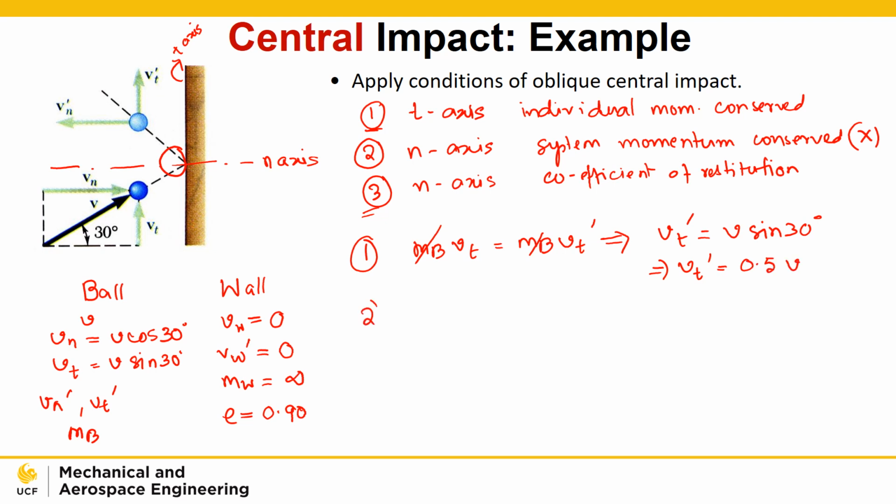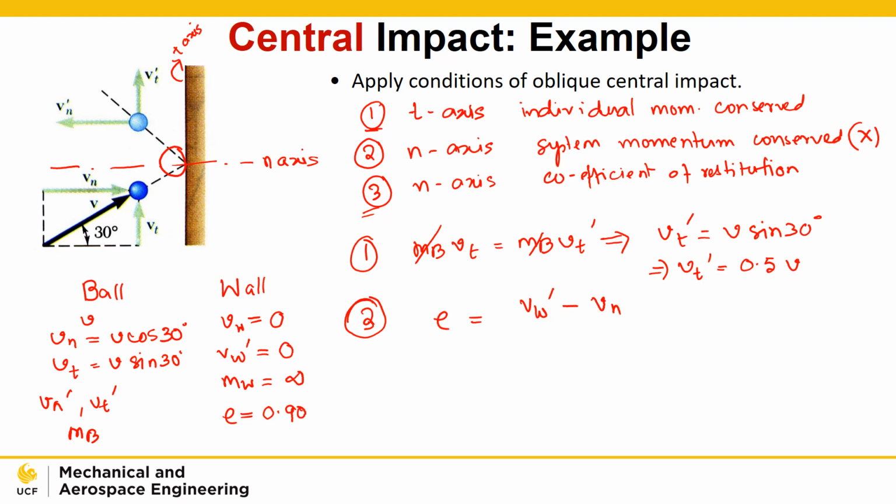Now let's apply the third condition, which is the coefficient of restitution E relates the relative velocity after impact and the relative velocity before impact. So E is equal to the relative velocity of the ball and the wall after impact divided by the relative velocity of the ball and the wall before impact. For after impact, the relative velocity would be Vw prime minus Vn prime, and note that this condition applies only along the n-axis.